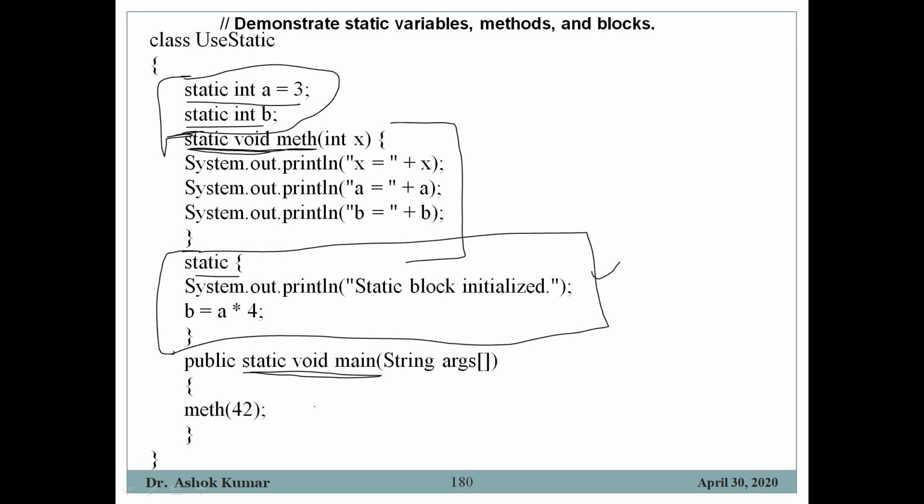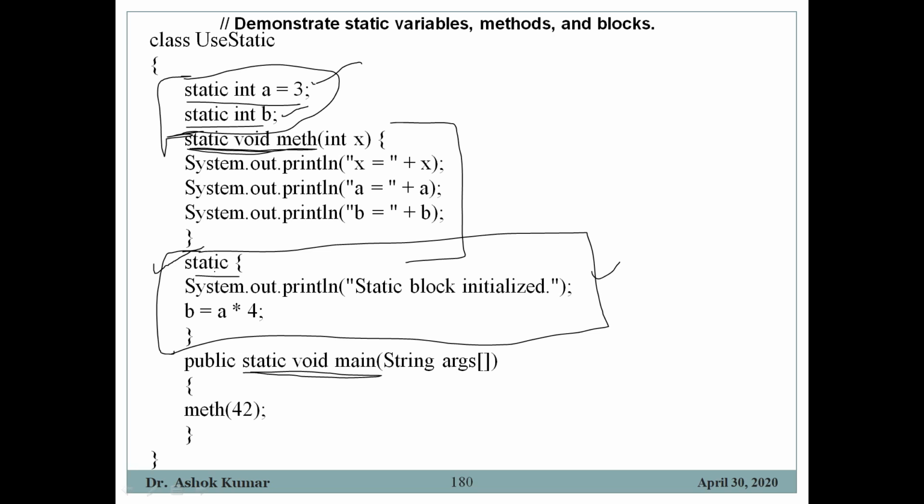So when you run this program, static variable a will get initialized to 3, static variable b will get initialized to 0, and then there is a static block, so Java will run this.